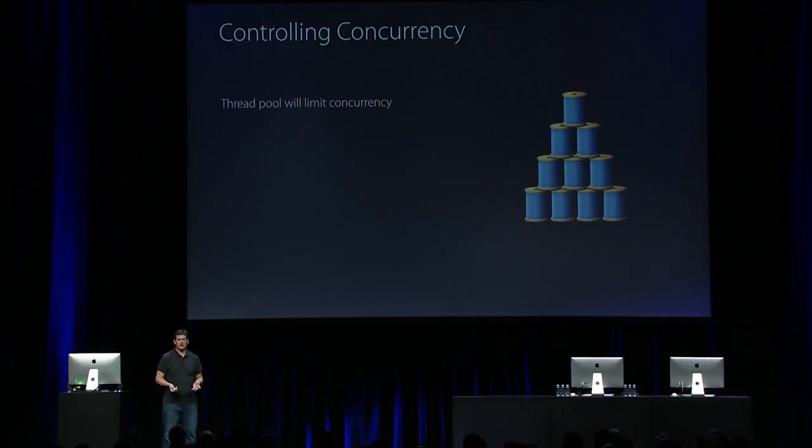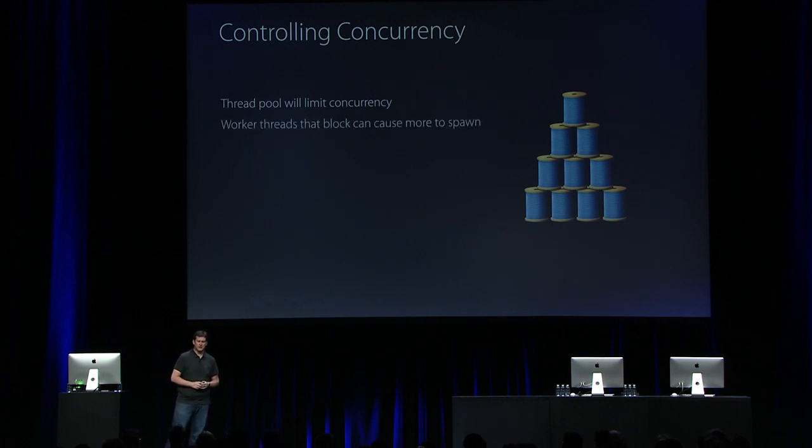It comes at somewhat of a cost. You have to control the concurrency in your application. The thread pool that dispatch uses will limit the concurrency you achieve in order to use all of the cores in your device. However, when you block those threads, if you wait for other parts of your application or you wait in syscalls, those worker threads that are blocked can cause more worker threads to spawn.